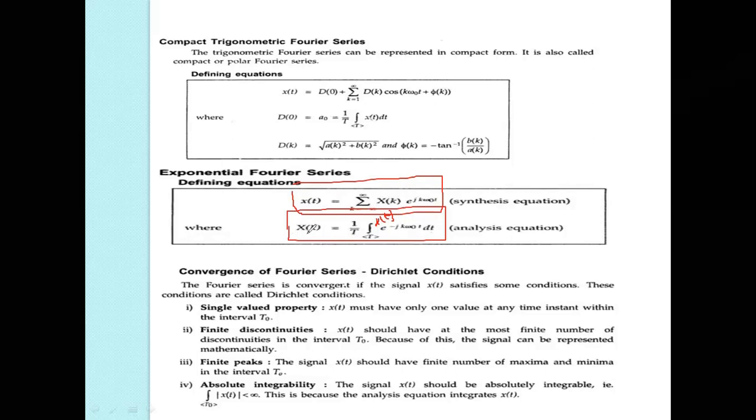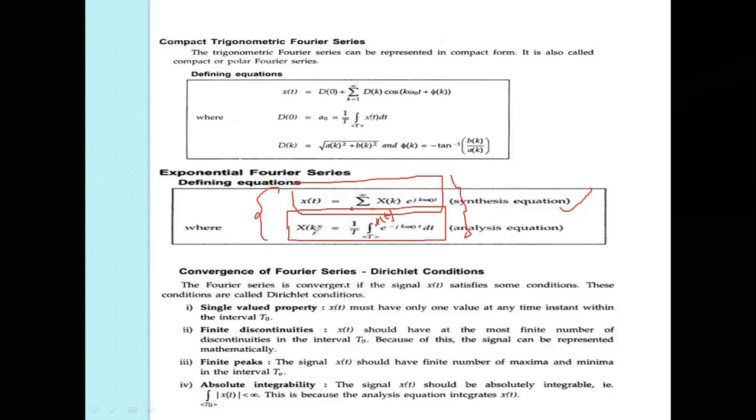So x of t is equal to the sum of k equal to minus infinity to infinity of x of k into e power j k omega naught t, the synthesis equation. Remember these two equations, mostly all the properties are derived using them: the analysis equation and the synthesis equation.